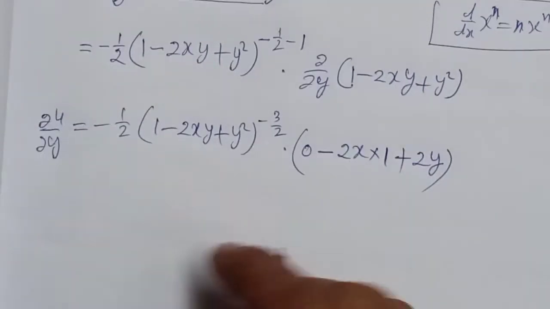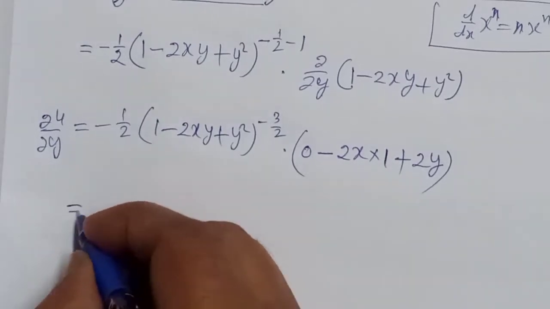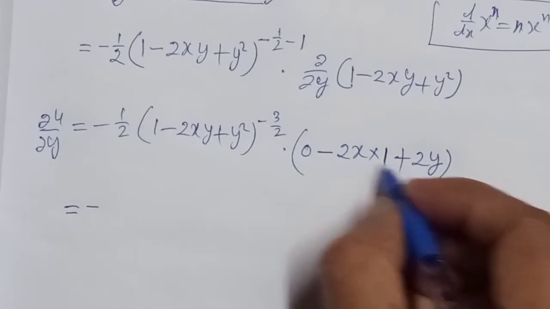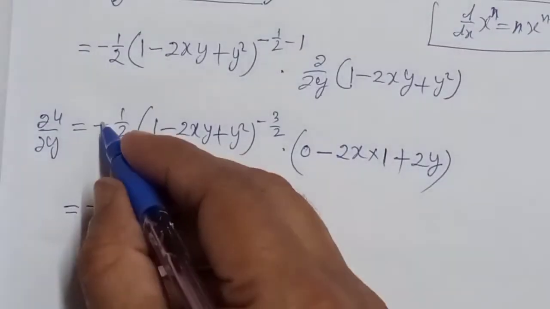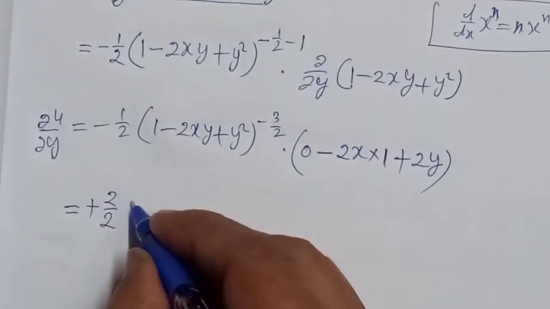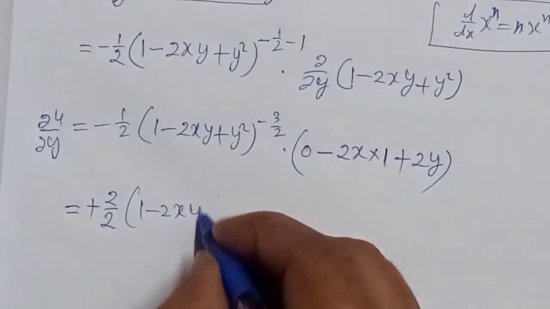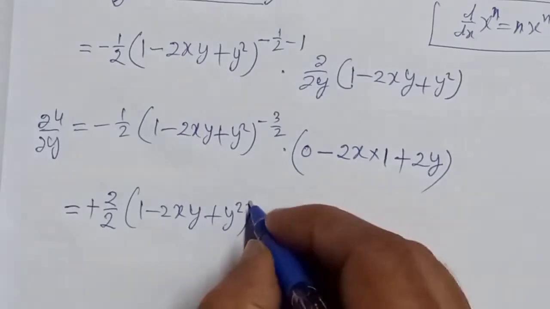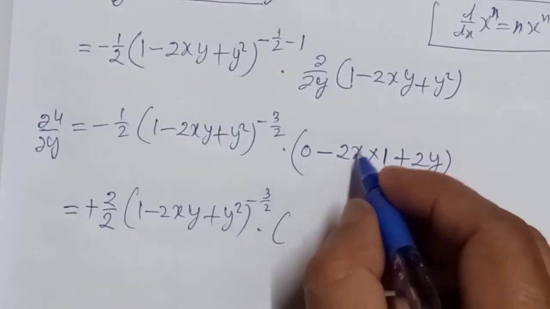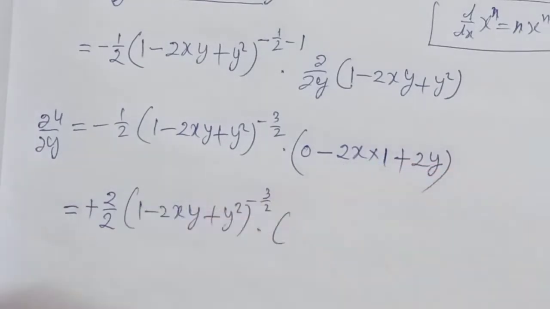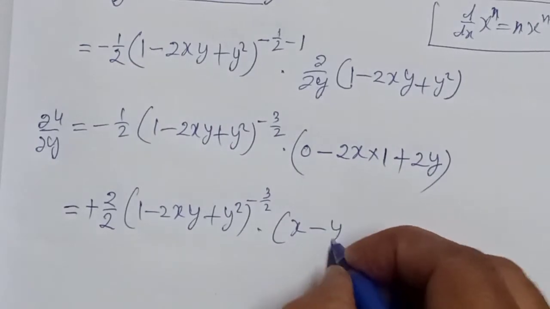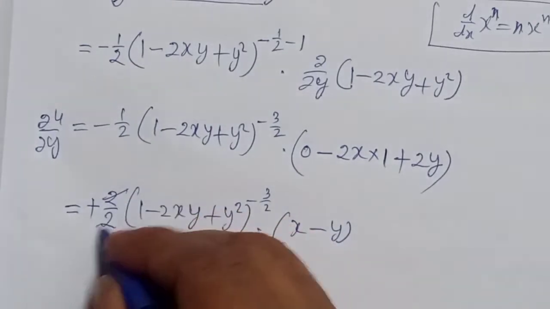I will solve it by taking minus 2 from here, so that this value becomes positive, but this is 2 by 2. (1 minus 2xy plus y square) to the power minus 3 by 2, and because I take out minus 2 here, it becomes plus x and minus y. 2 is cancelled out by 2.